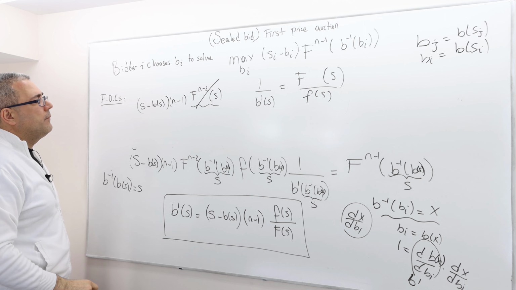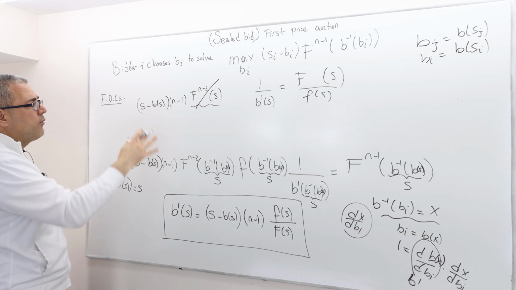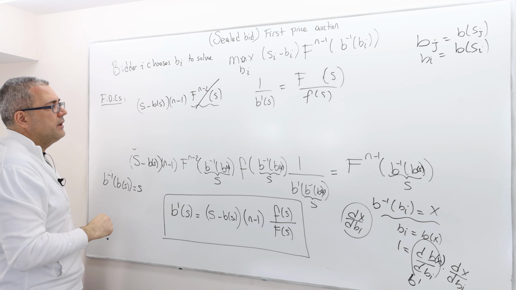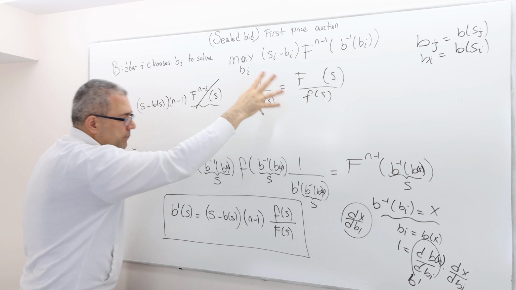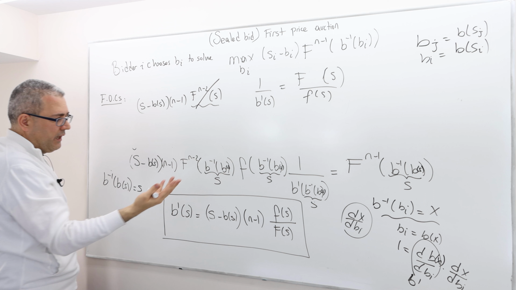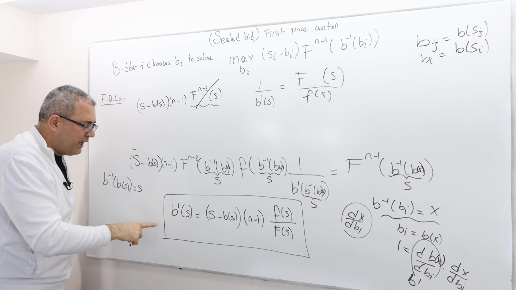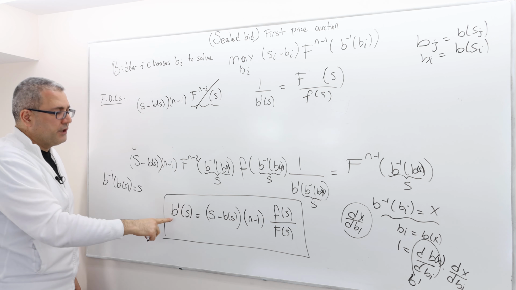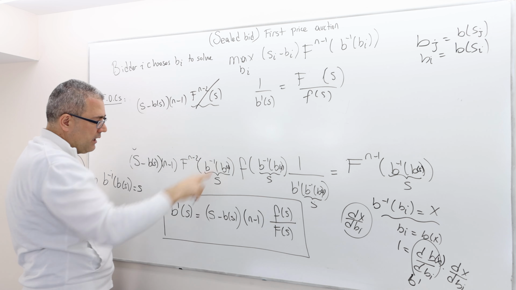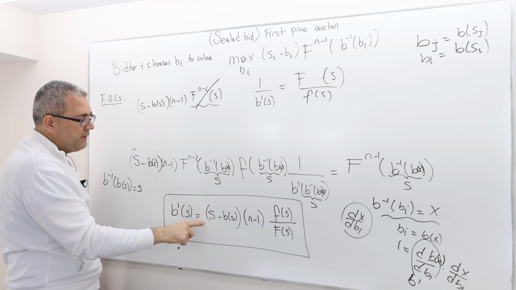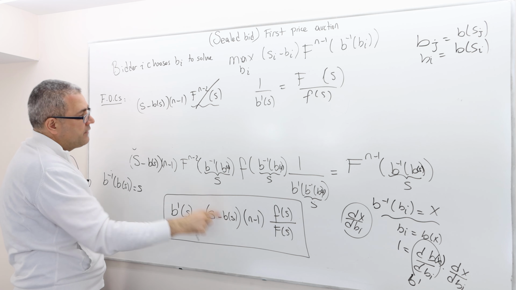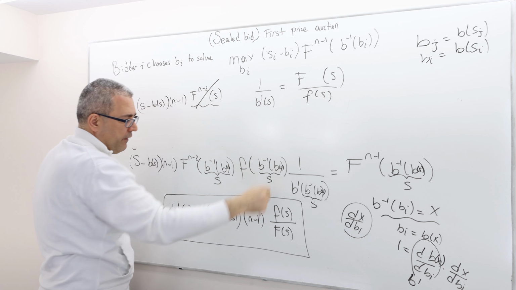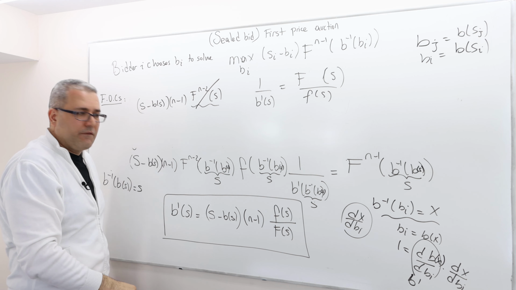Okay. What else? Remember, I want to solve for b of s, but obviously I have b prime of s here. So if you reorganize this, we're going to get a differential equation, a first order linear differential equation. So I do the cross product: b prime of s is equal to s minus b of s, times n minus 1, times small f of s divided by capital F of s.